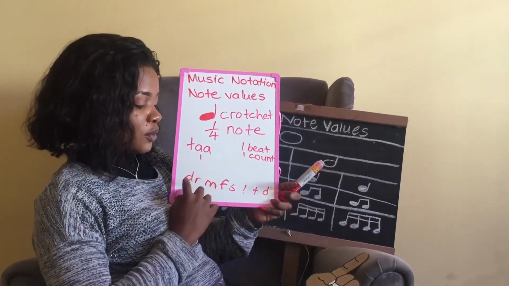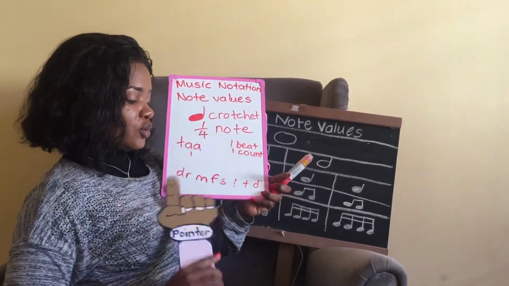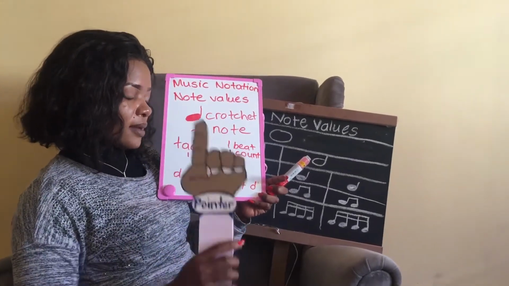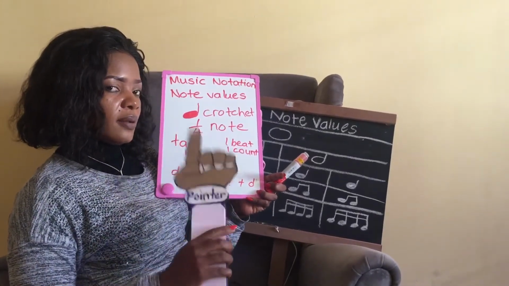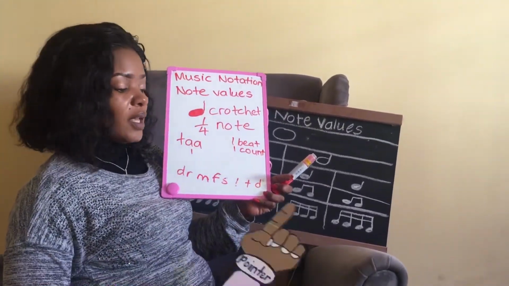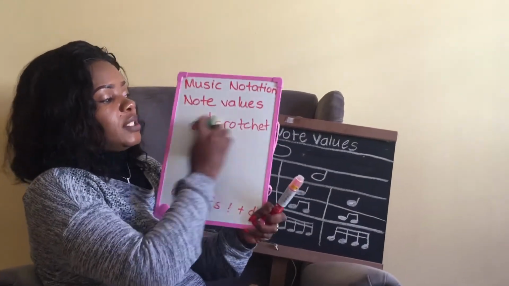Let's say we have do, re, mi, 3 crotchets. We go like this: Do, re, mi, ta, ta, ta. Do, re, mi, 1, 2, 3. So that is the value of our crotchet.